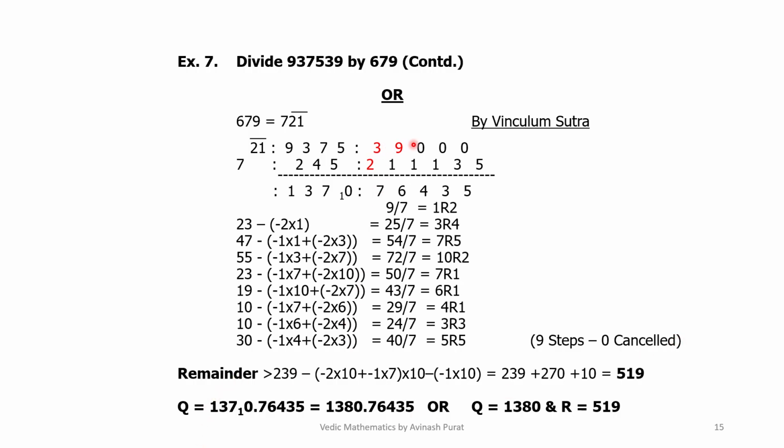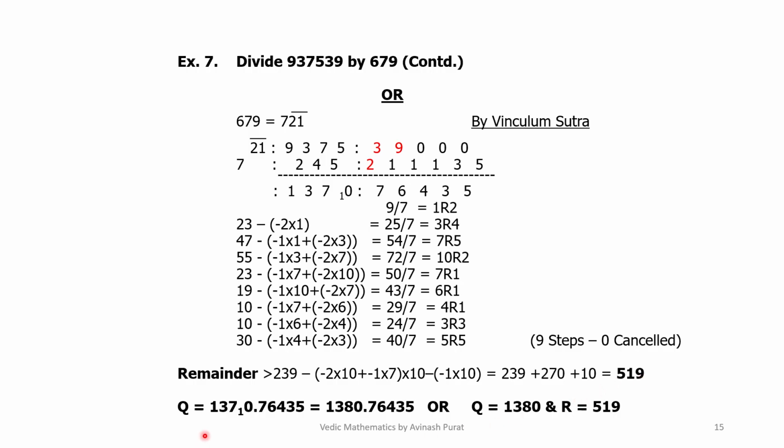Remainder is 239 minus minus 2 into 10 plus minus 1 into 7 multiplied by 10 and minus 1 into 10. So we get 20, 27. So 270, 239 plus 270 plus 10, that becomes 519.